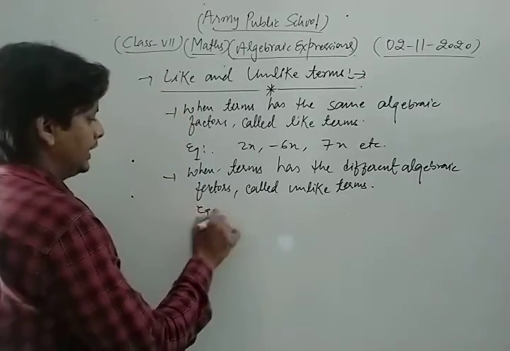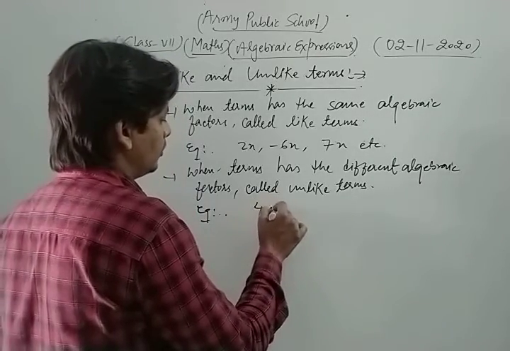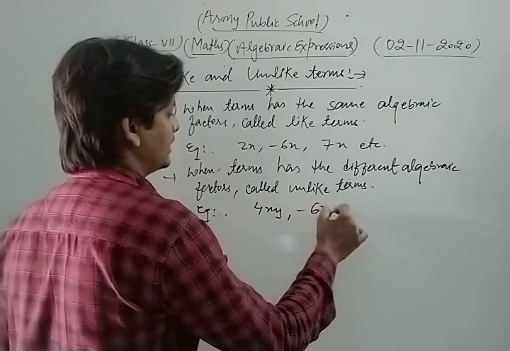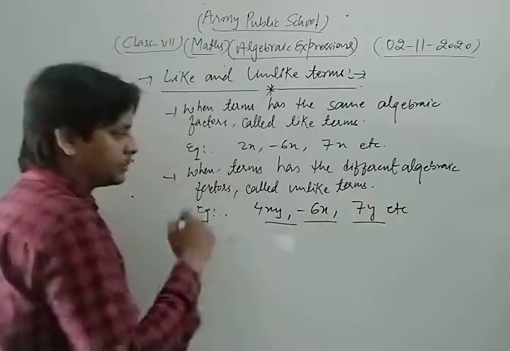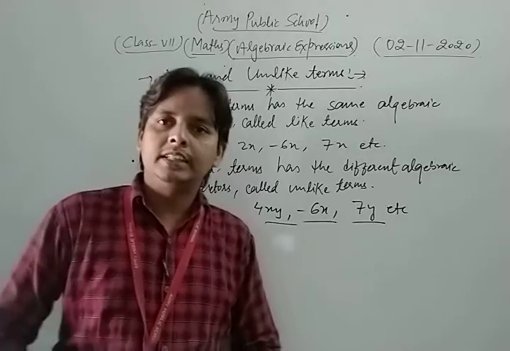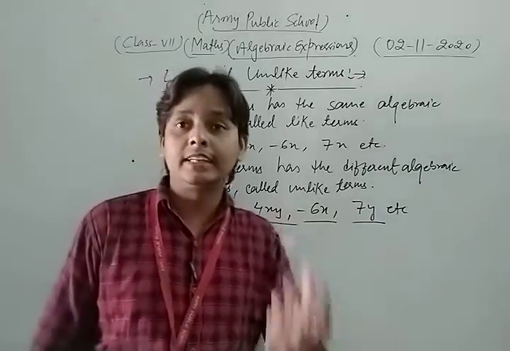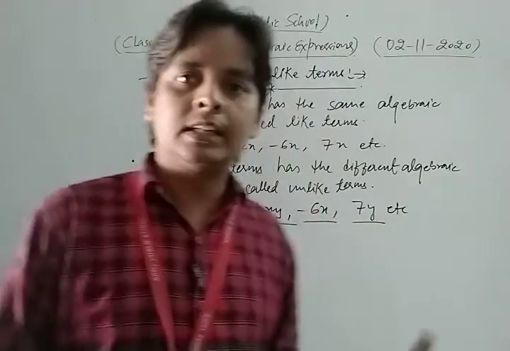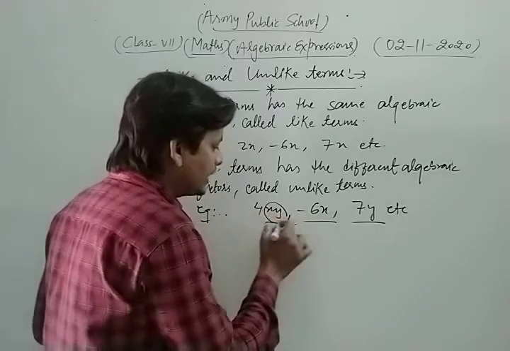Take an example, like if we write 4xy, 6x, 7y, etc. All these terms are examples of unlike terms. Why are they called unlike terms? Dear friends, because all these terms have different algebraic factors.